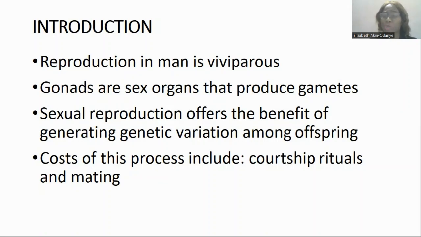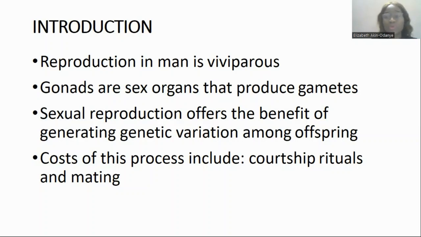So in sexual reproduction, new ones are produced by the fusion of male and female gametes to form a zygote. And the process of prenatal development continues till the point of maturation when the baby is born. Sexual reproduction offers the benefits of generating genetic variations among offspring, which enhances the chances of the population's survival.